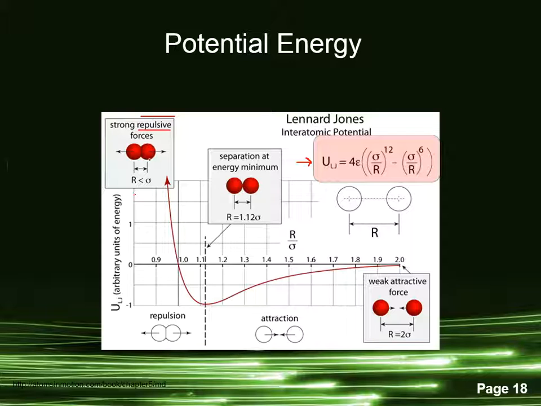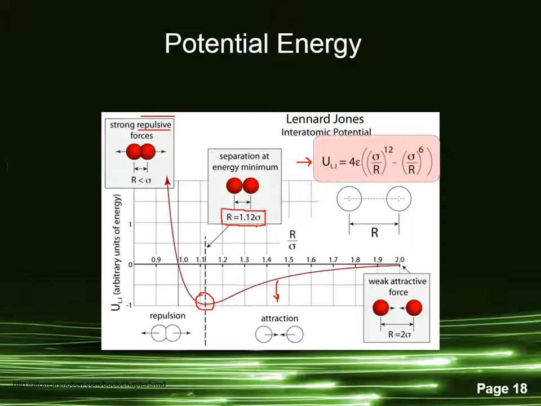As we move them further apart, eventually they are going to get to an area which is the minimum potential energy. After this point, if we go to the right, in this zone, there is an attraction force between two molecules. In this example, the attraction between two molecules will happen when the distance is farther than 1.12 sigma.